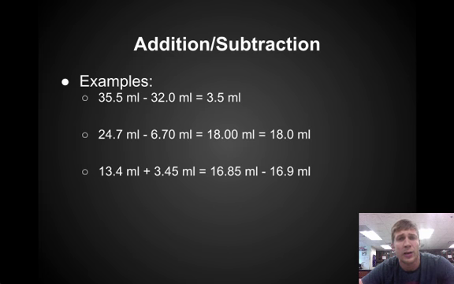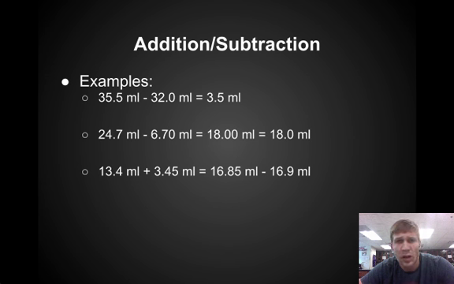I would then go to my calculator and put in 35.5 milliliters minus 32.0 milliliters, and it would show me that the difference between those is 3.5 milliliters. I'm just going to double check to make sure that my answer has the same number of places after the decimal as the measured value with the least number of places after the decimal, and it does, so that works out.